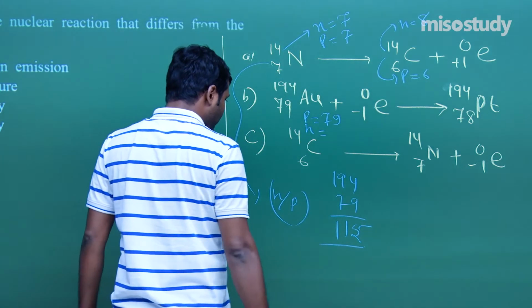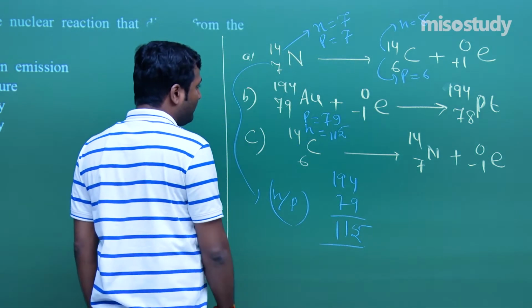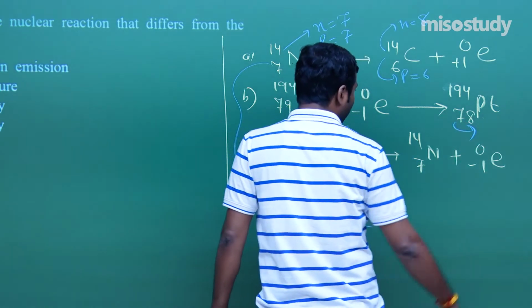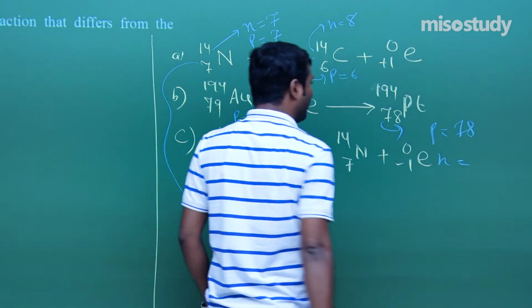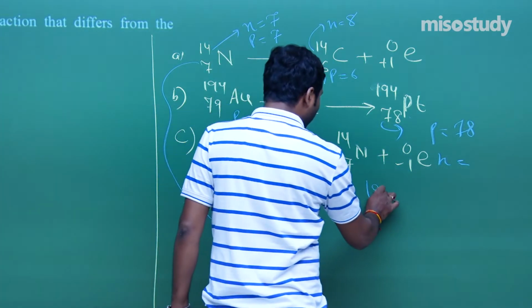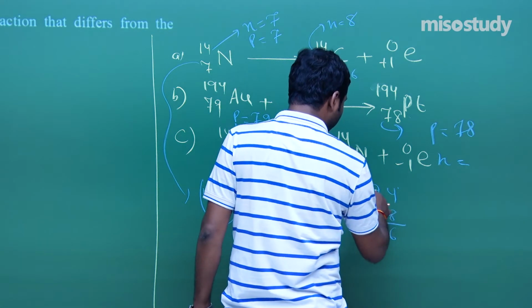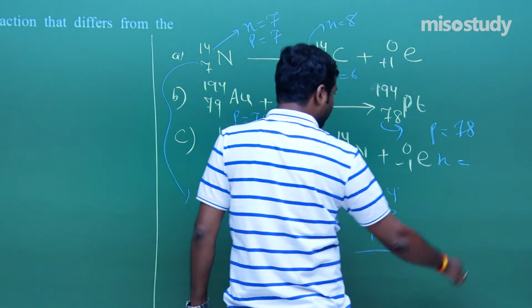So 115 is the number of neutrons. Look at when it converts to Pt, what will happen? In this case, protons are 78. What about the neutrons? That is 194 minus 78, that is 116 neutrons.